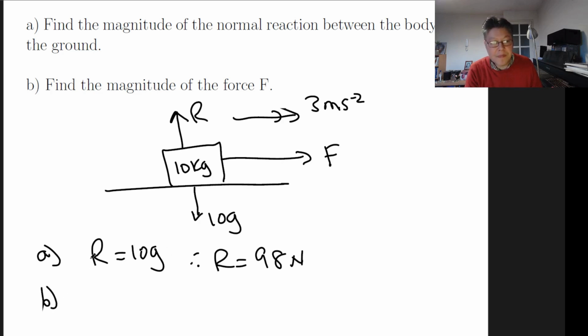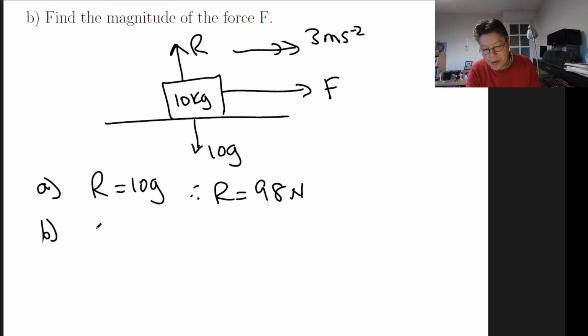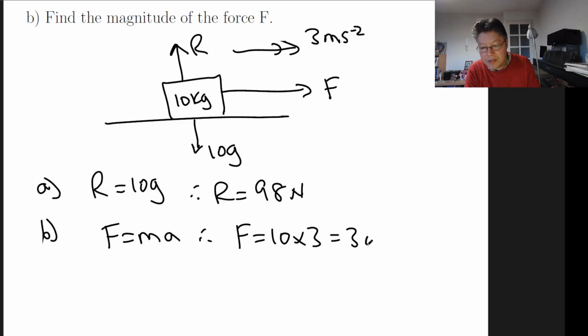Okay, part B, we need to work out F, so we'll begin with F equals ma and fill in. So F is the unknown, equals a mass of 10 kilograms times the acceleration of 3, so equals 30 newtons.